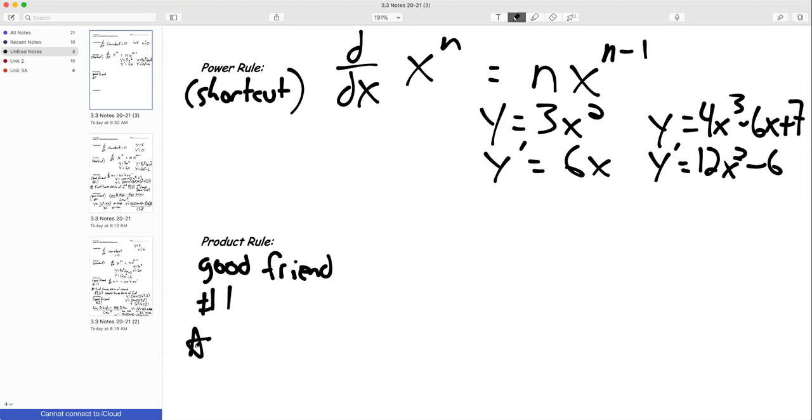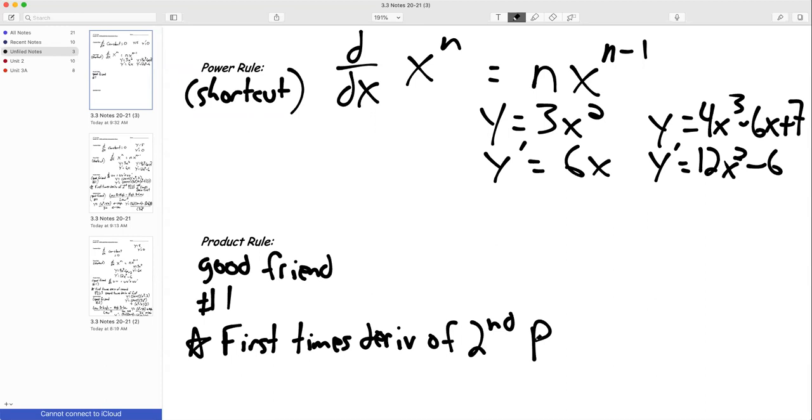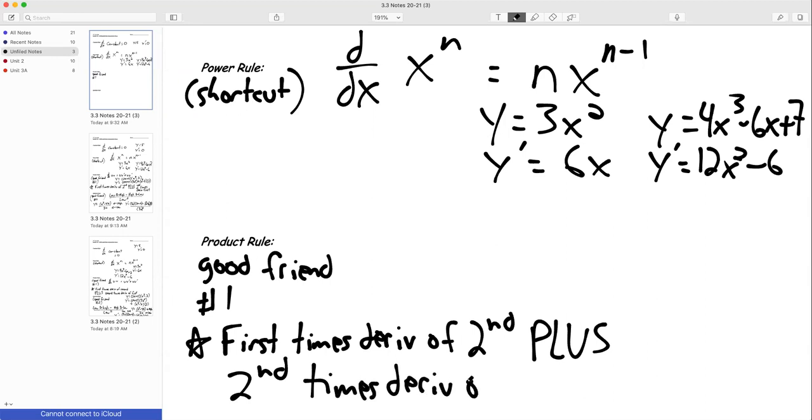Okay, so here's my little catchphrase. For the product rule, we say first times derivative of the second plus second times derivative of the first. First times the derivative of the second plus second times the derivative of the first.